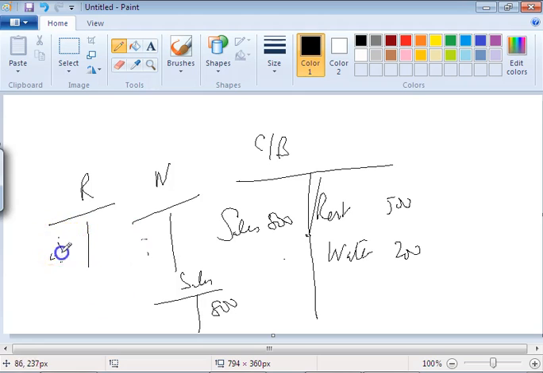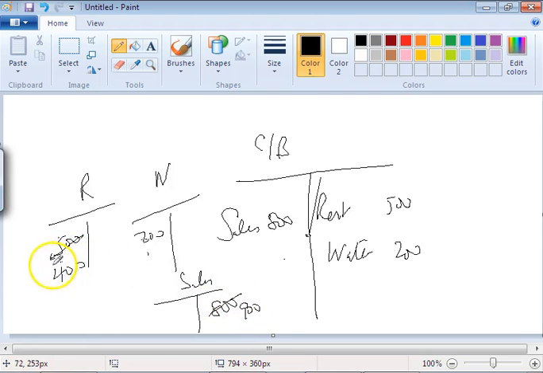So rent should have been 500 and water should have been 200. Say, for example, I had mistakenly put 400 here. Well, I could have put 900 here.